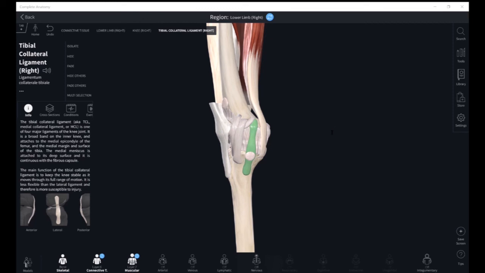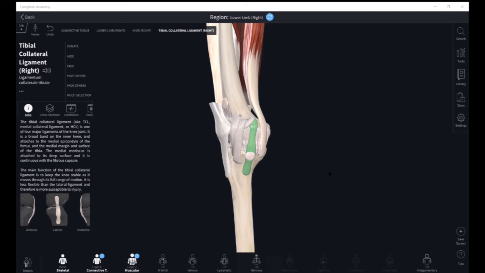Needle length is 1.5 to 3 centimeters. The backdrop will be the joint capsule and medial meniscus. Precautions here: the saphenous nerve, the articular branches of the tibial nerve, the inferior medial genicular artery and vein, and the superior medial genicular vein.